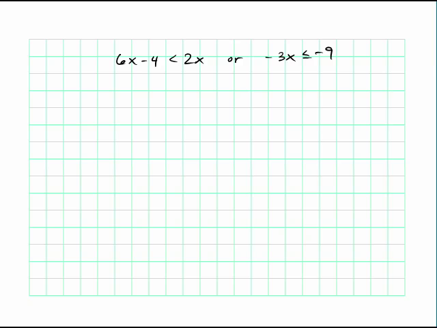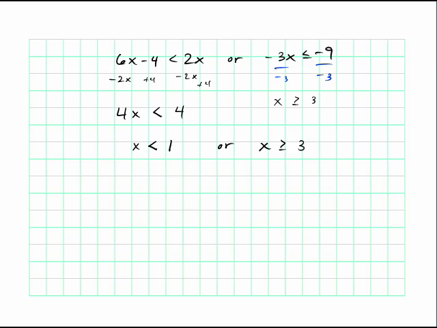I'm going to subtract 2x from both sides here. And at the same time, I'll add 4 to both sides. So that's 4x less than 4. Divide both sides by 4. We get x less than 1. Over here, I have to divide both sides by negative 3. If I do that, I have to reverse the sign, of course. It says x greater than or equal to a positive 3. There it is.